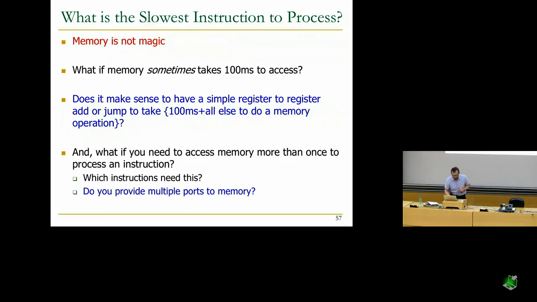So, okay. Do you provide multiple ports to memory? That's another question, right? Because you need to be able to access the instruction from memory, and for a load word, you need to fetch the instruction itself from memory, and you need to fetch the data that it requires from memory. Now, do you require 2 ports to access memory, or 2 copies of memory, to execute a load instruction?